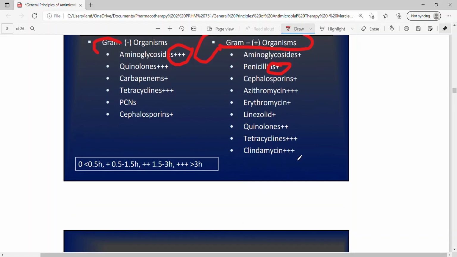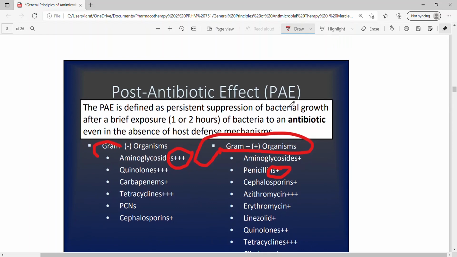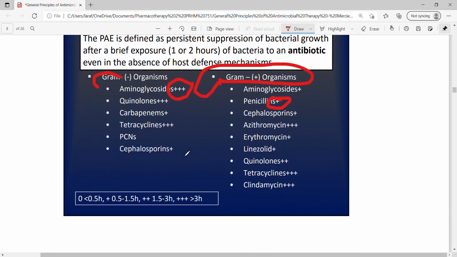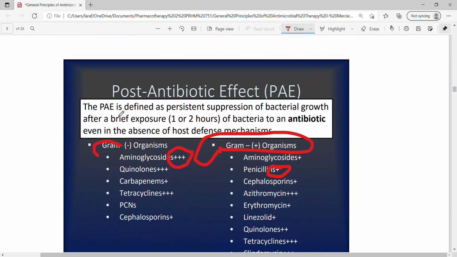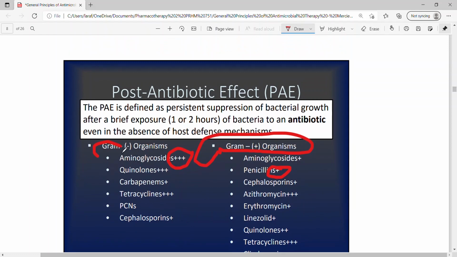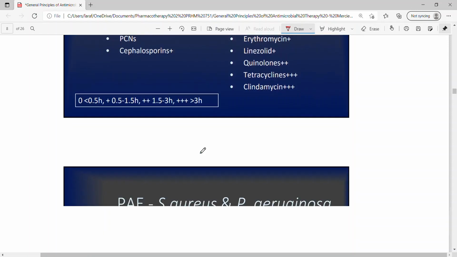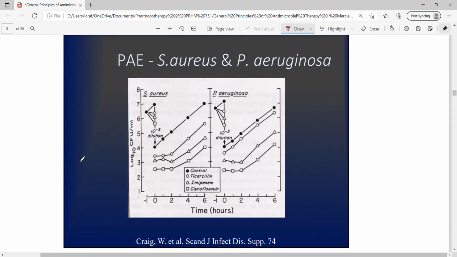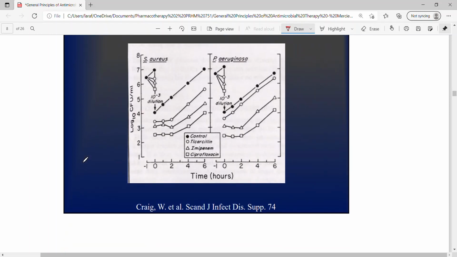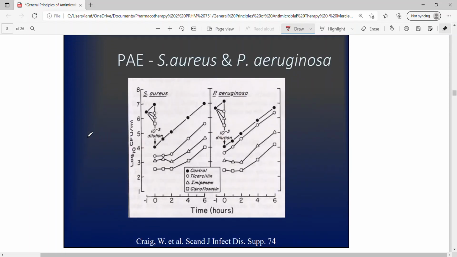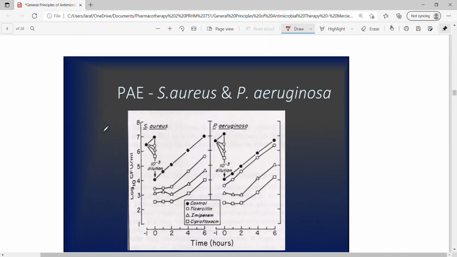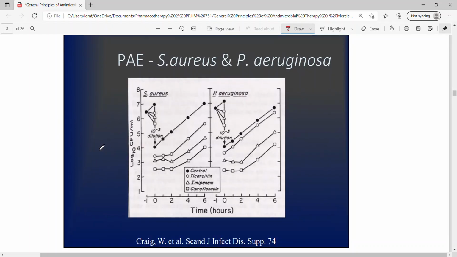So this is the PAE effect, and some of the organisms broadly categorized in gram-negative or gram-positive families or types. Okay, this is the last slide that I'm going to be talking about this time, and then I'll pause it right here.